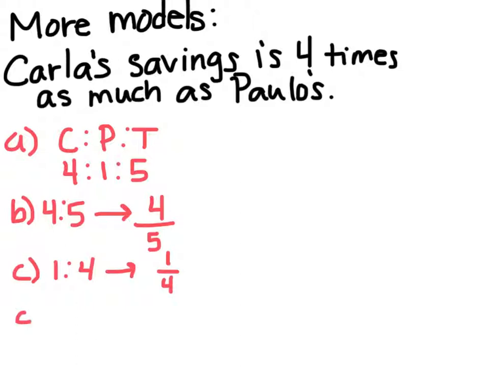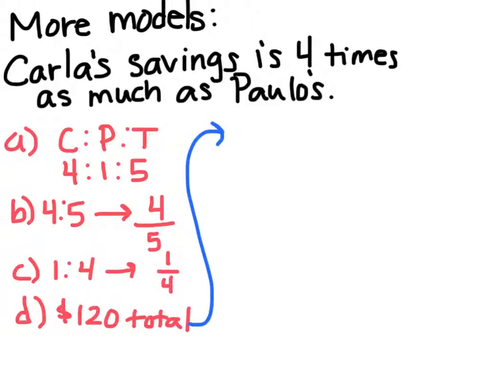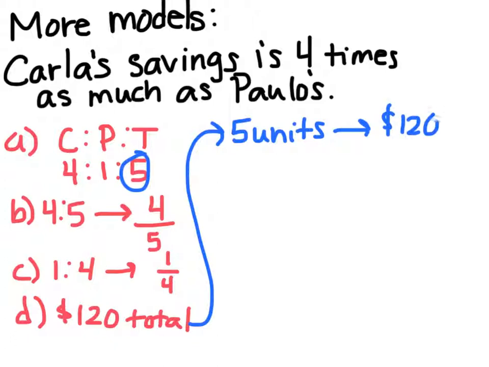Finally, question D asks, they save a total of $120. How much does Carla save? Well, our total is 5 units, and I'm going to work this up over here where we have a little bit more room. We know that our total is 5 units, and that's going to be equal to $120.